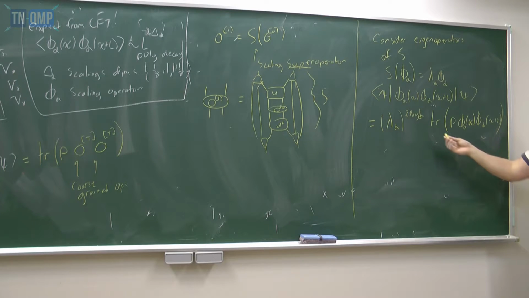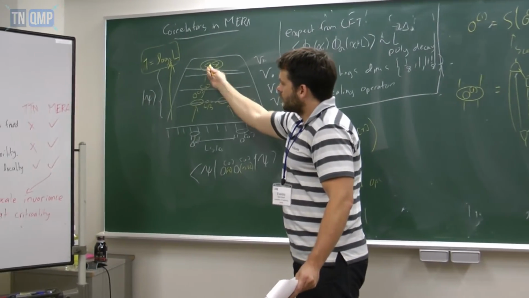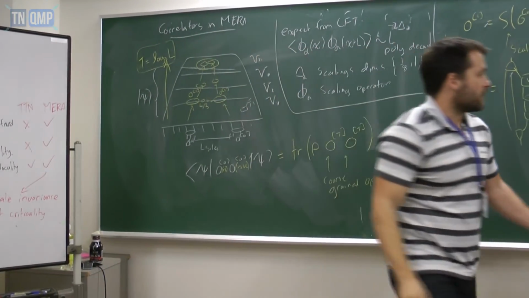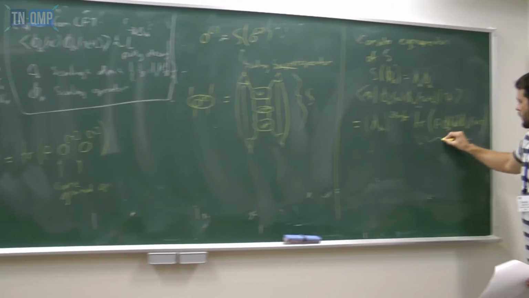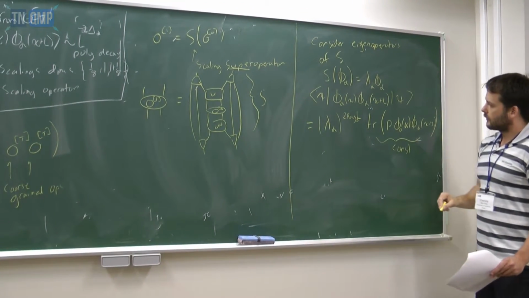This is after I've applied my operator S times. They come together and just give me some kind of constant. So this whole thing is just some constant. It doesn't depend on L at all.